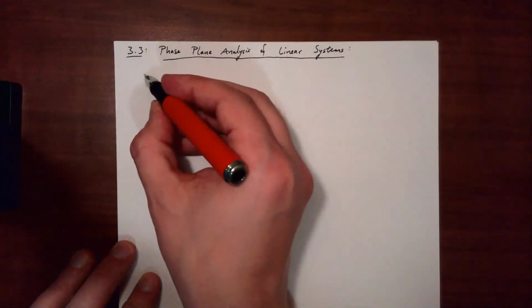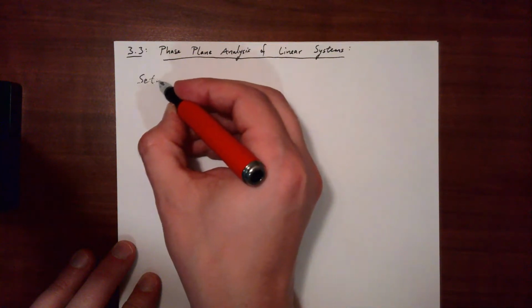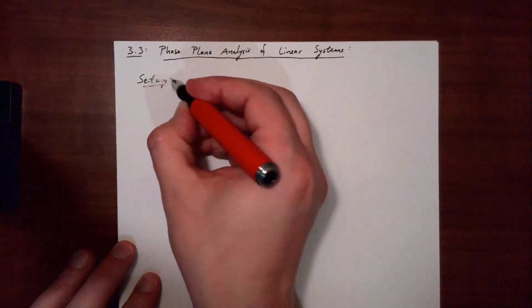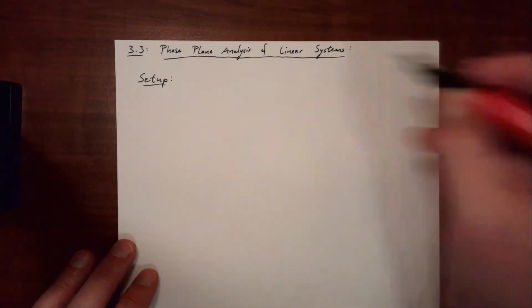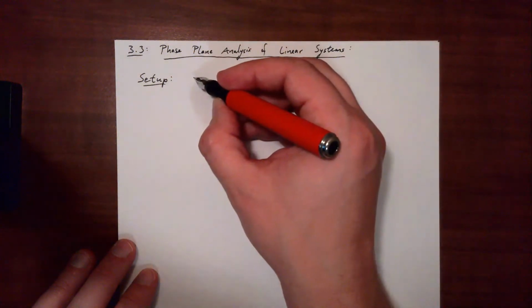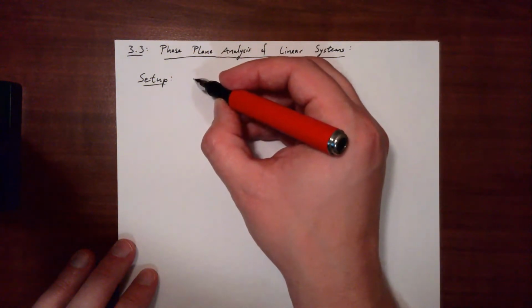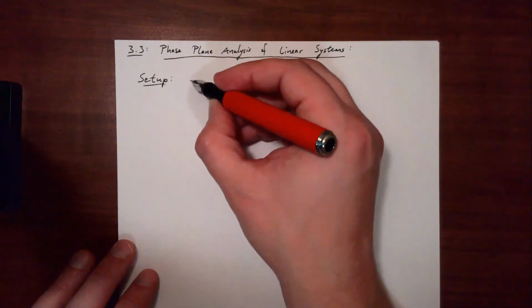All right. So first off, here's the setup. We're just going to have the same sort of system as what we had in the last section, just a system of two differential equations, both of which are linear and homogeneous.